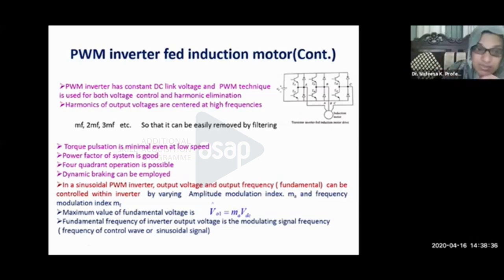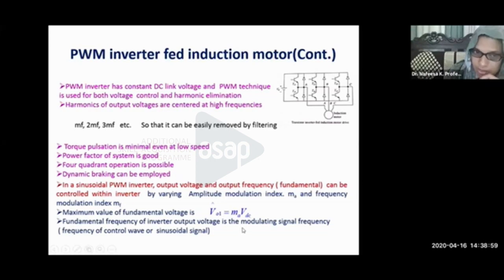In the case of the sinusoidal PWM inverter, output voltage and output frequency can be controlled within the inverter by varying the amplitude modulation index MA and the frequency modulation index MF. The maximum value of the fundamental voltage is VO1 equal to MA times VDC, as I said earlier.